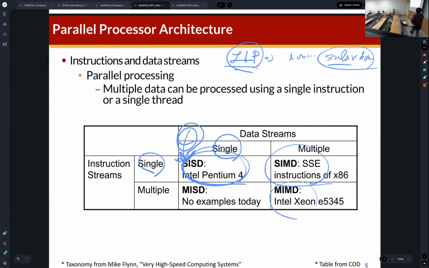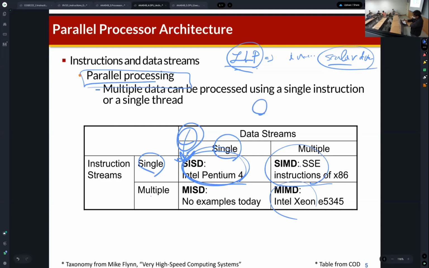A single instruction handles a single data element. So in order to increase the performance, we need to increase the number of instructions. Then how can you support parallel processing?